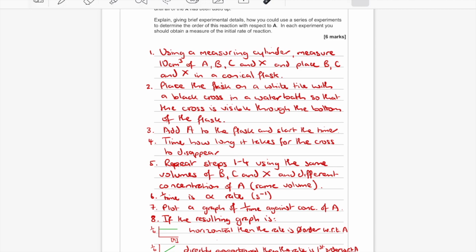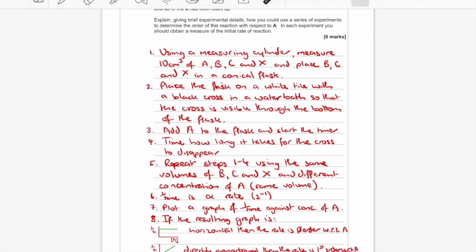The other type of practical for required practical 7 would be the continuous method. So initial rate is measuring the time it takes to get to a particular point and comparing those times. Continuous method is actually, like earlier on in the question, how does something change over time?